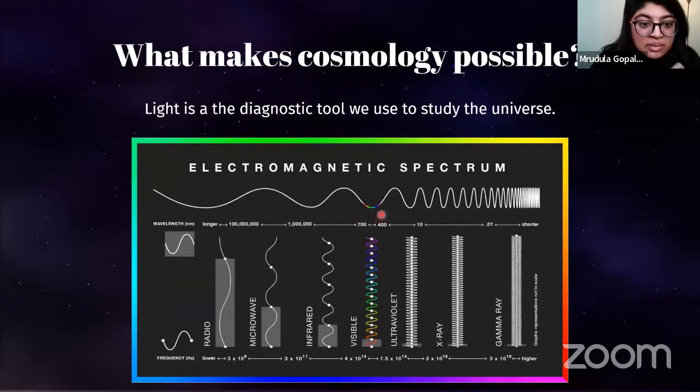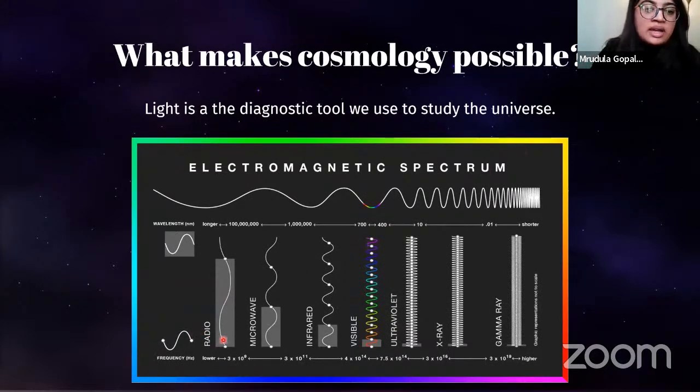If you see the highlighted part here, everything from radio, microwave, infrared, even X-rays and gamma rays, are all part of light. Light consists of all these different parts. The thing is, our eyes are sensitive only to certain wavelengths of light.